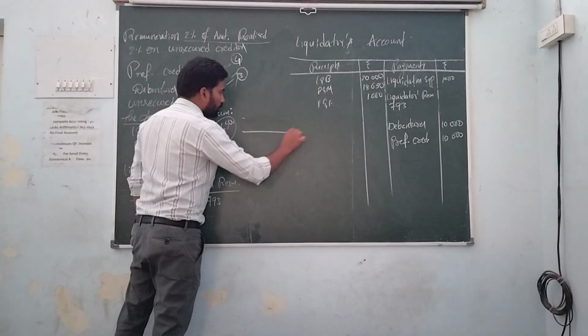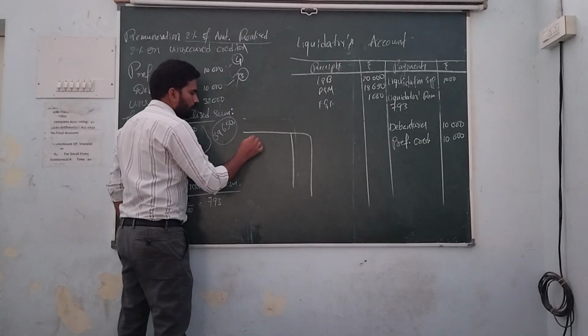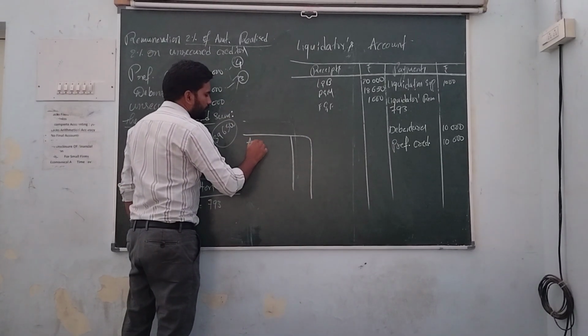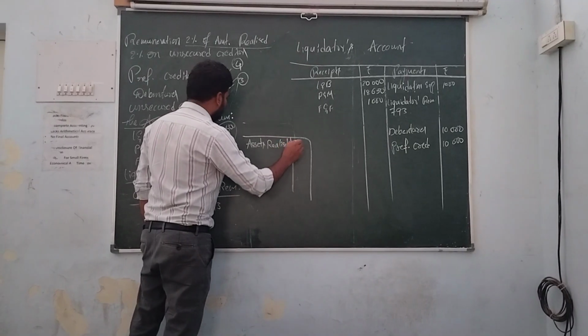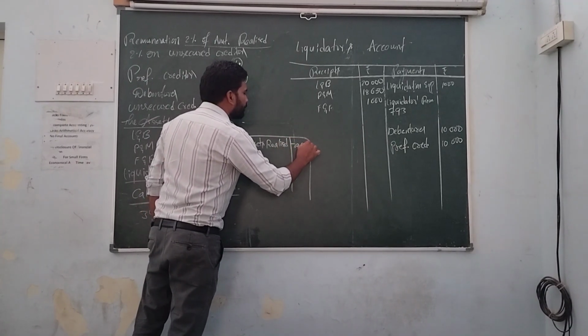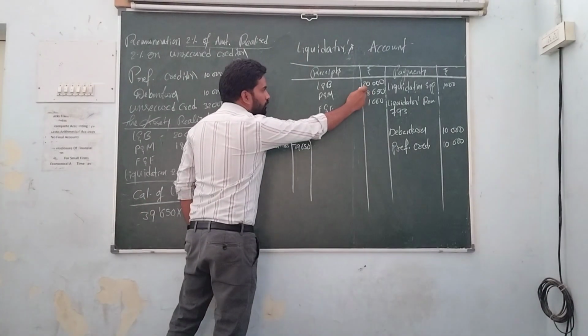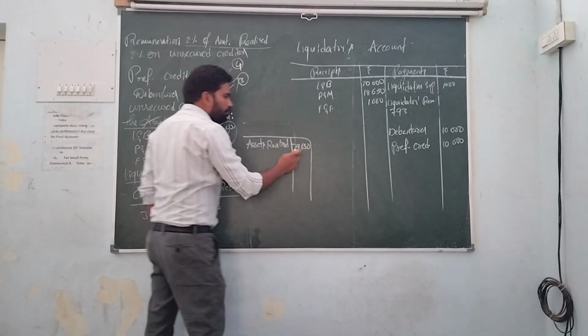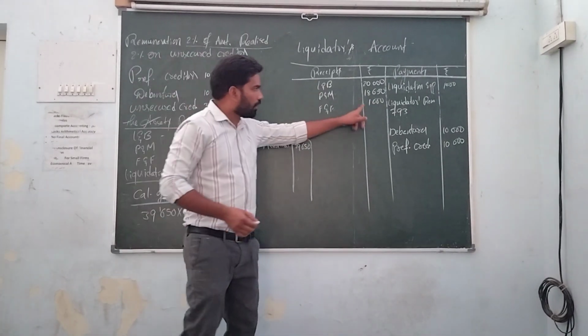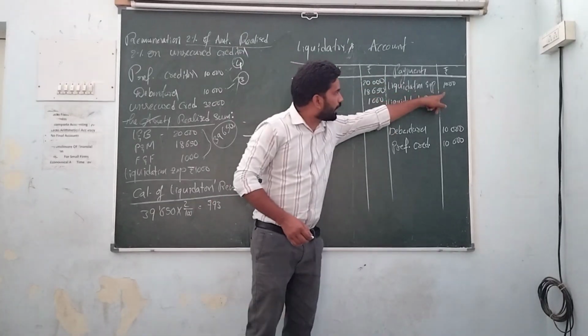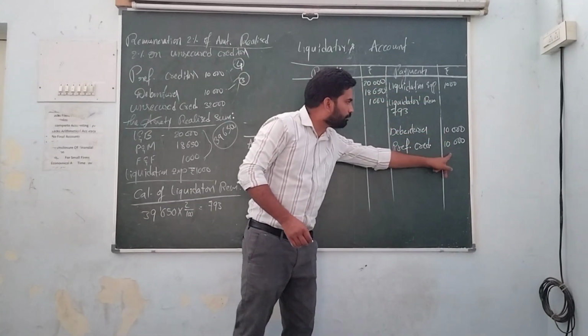Okay. So the total available amount, the assets realized value, is 39,650: 20,000 plus 18,650 plus 1,000 equals 39,650. From this we have to pay 1,000 plus 793 plus 10,000 plus 10,000.